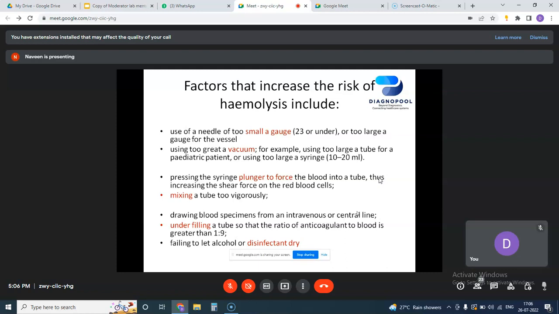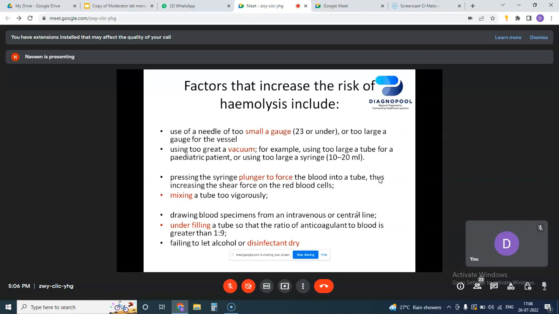So what are the factors that cause hemolysis? For remembering, these factors can be divided into two factors related to the needle and the syringe, two factors related to chemicals, and two factors related to the force that we give to the sample.